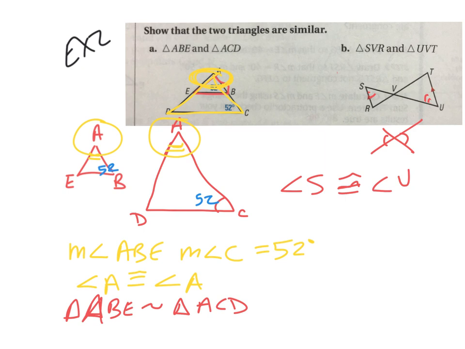Anytime you have an angle directly across from it where it forms that X shape, it's called a vertical angle, which means they are congruent. So you would say angle SVR is congruent to angle UVT.